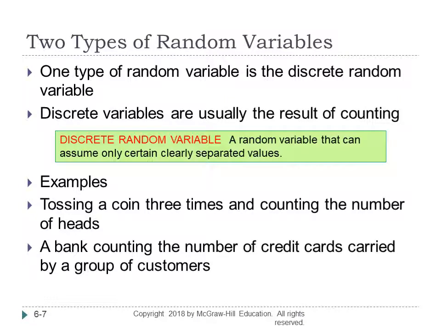One type of random variable is the discrete random variable. Of course, discrete random variables are usually the result of counting.